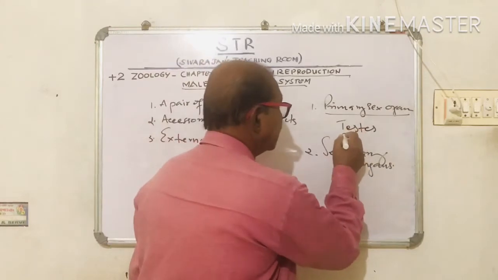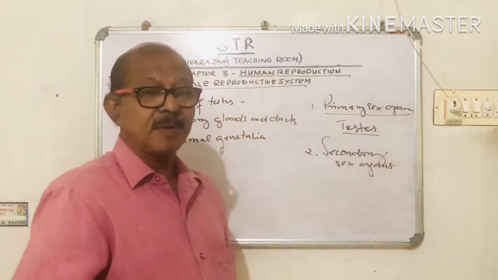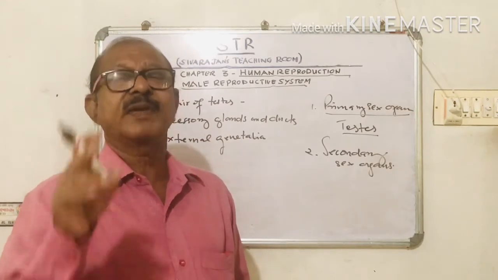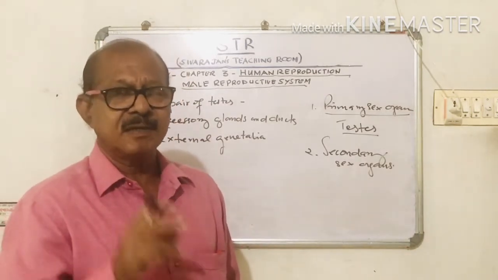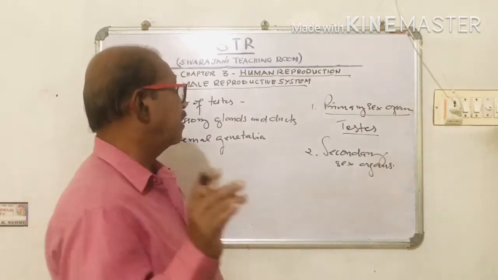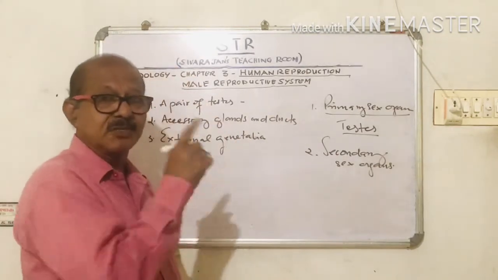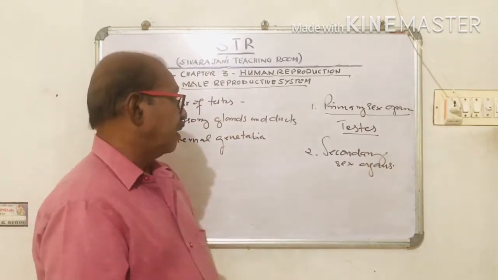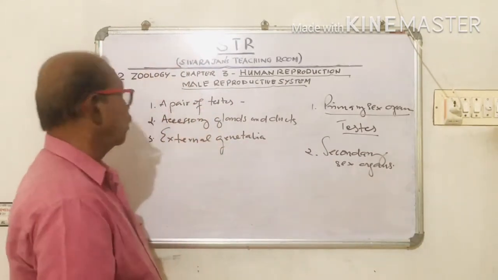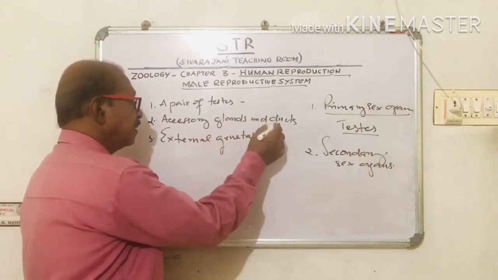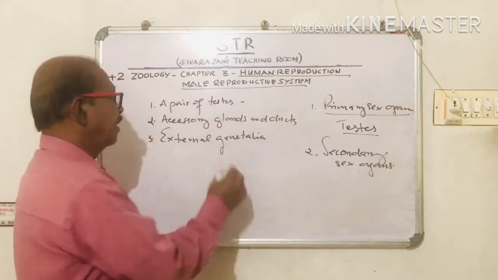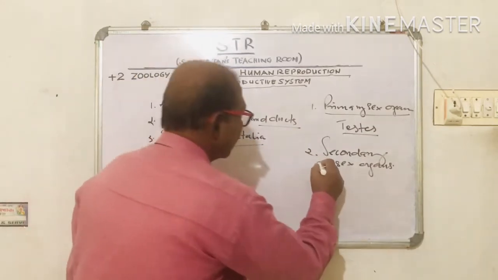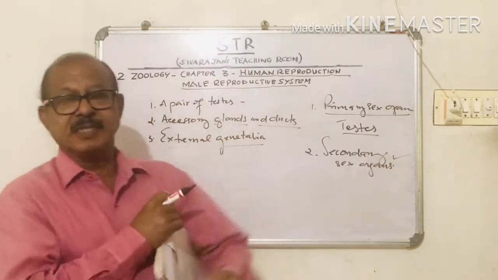So testis is the primary sex organ. The secondary sex organs include the glands, ducts, and external genitalia.